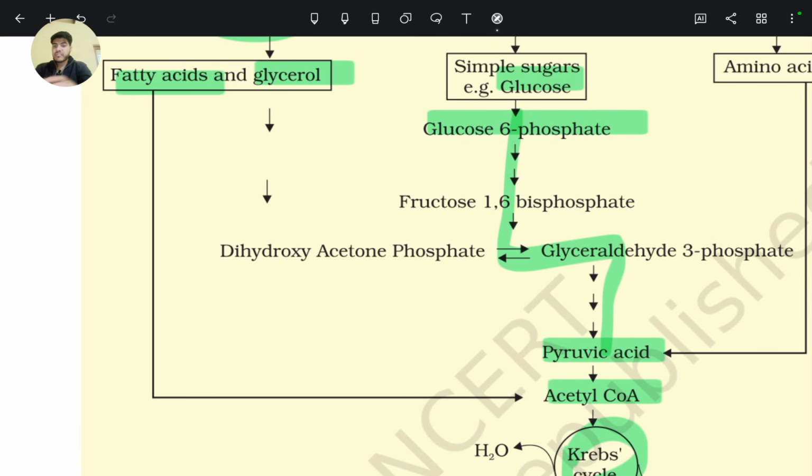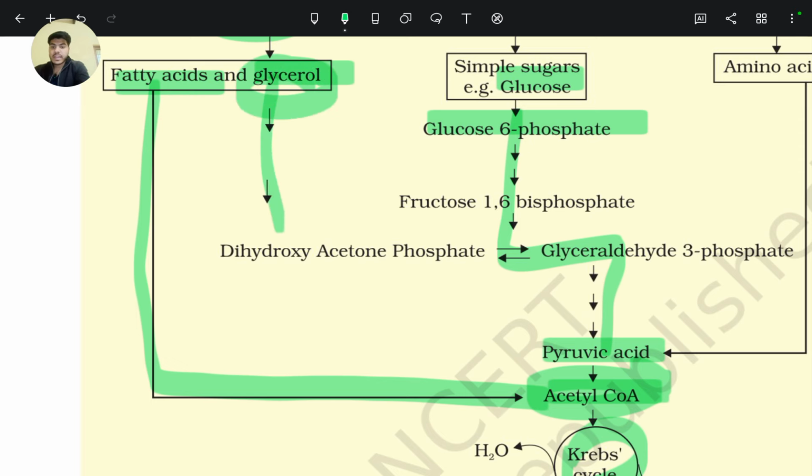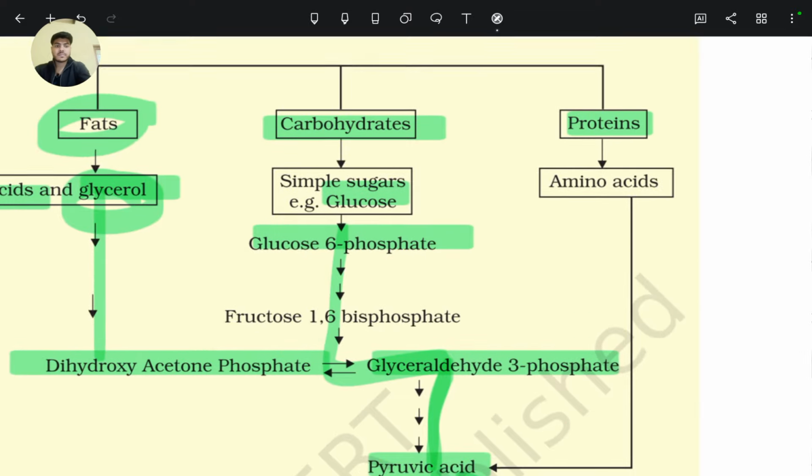If fatty acid is considered as substrate, then it is converted directly to acetyl coenzyme A and then enters the Krebs cycle. If glycerol is considered as substrate, then it changes to dihydroxyacetone phosphate and then glyceraldehyde and then enters into respiration.